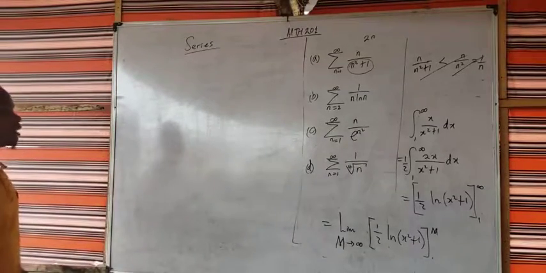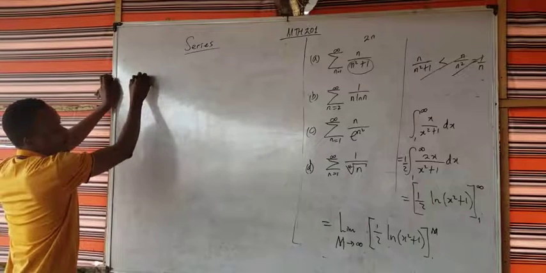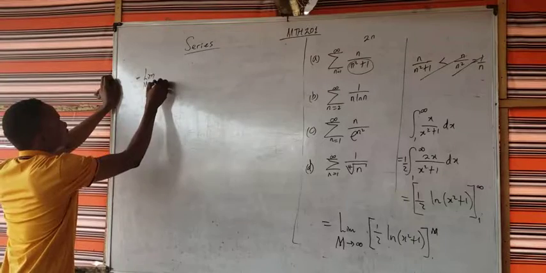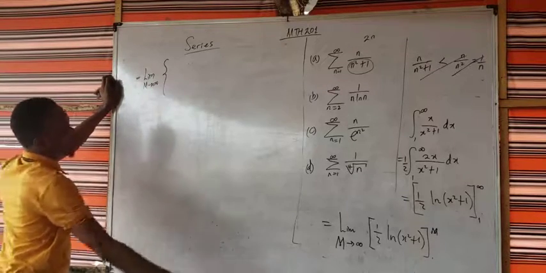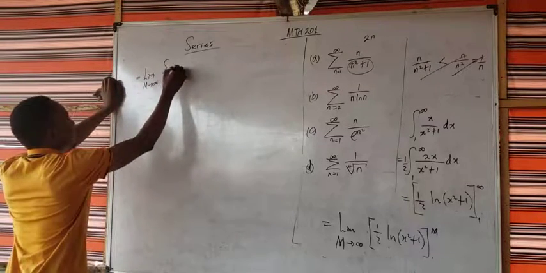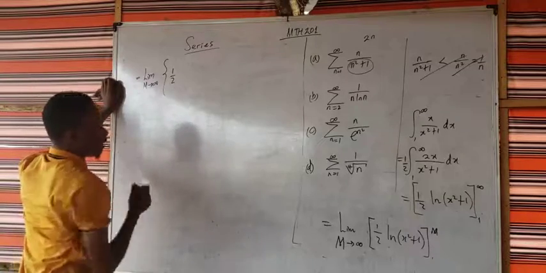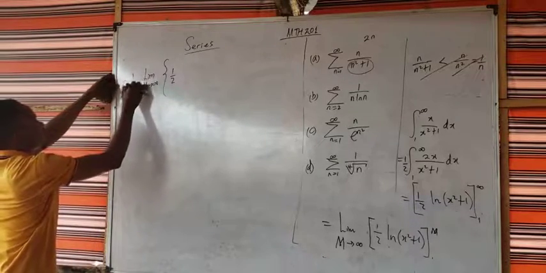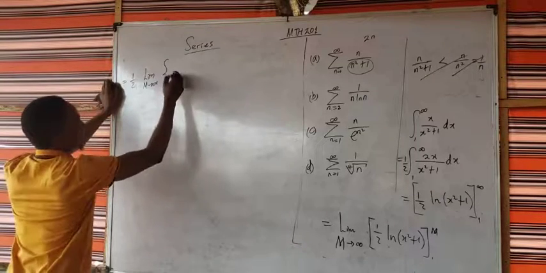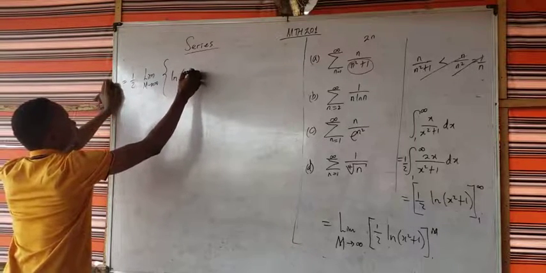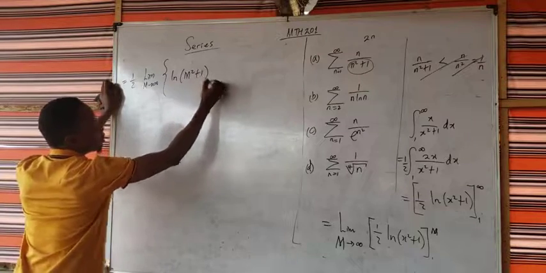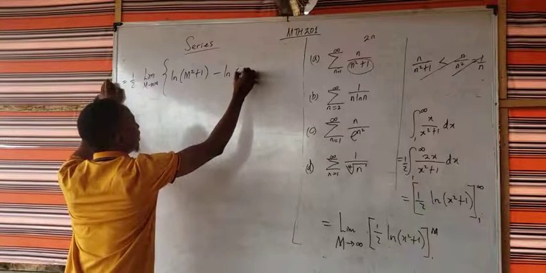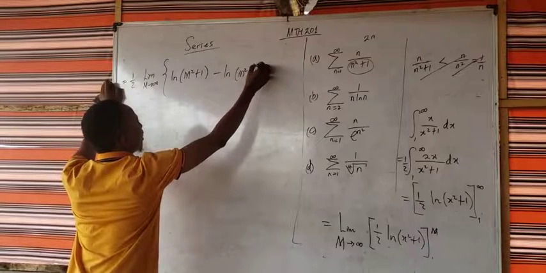So what will this give us now? That's going to give us the limit as m approaches infinity of this expression. I can even bring out the 1 over 2. So this will now be 1 over 2 times ln of m squared plus 1, minus ln of 1 squared plus 1.